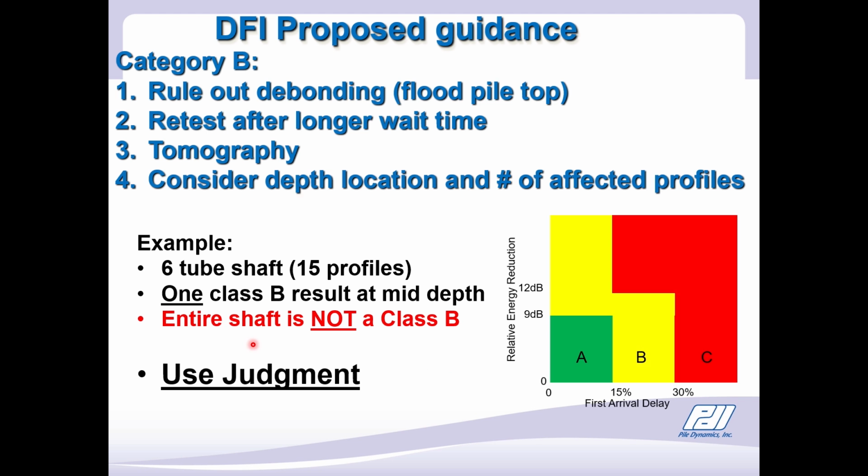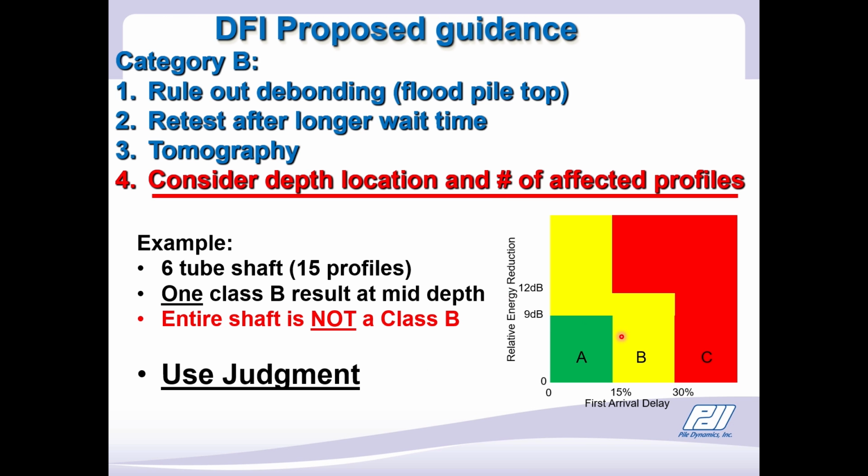We want to use some judgment. So the first thing we're going to do is consider the depth and location and the number of affected profiles. If I have only 1 profile out of 15 and the location is far enough from the pile top, I probably don't care. The shaft will probably perform in service very well.